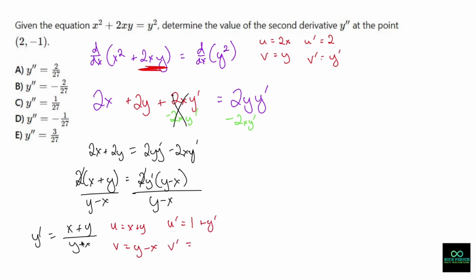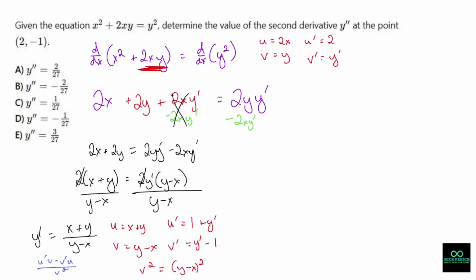V prime is the derivative of the bottom: the derivative of y is y prime, minus the derivative of x, which is 1. And then v squared is going to equal (y minus x) squared. Let's see if we have to deal with that. Probably not, but we'll see. Quotient rule is u prime v minus v prime u over v squared.